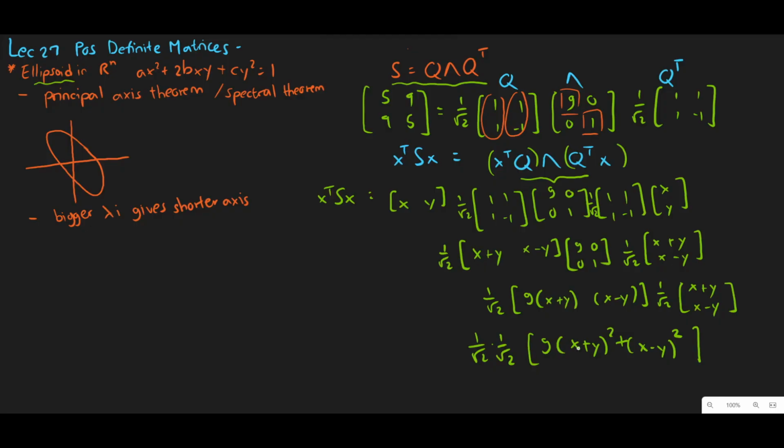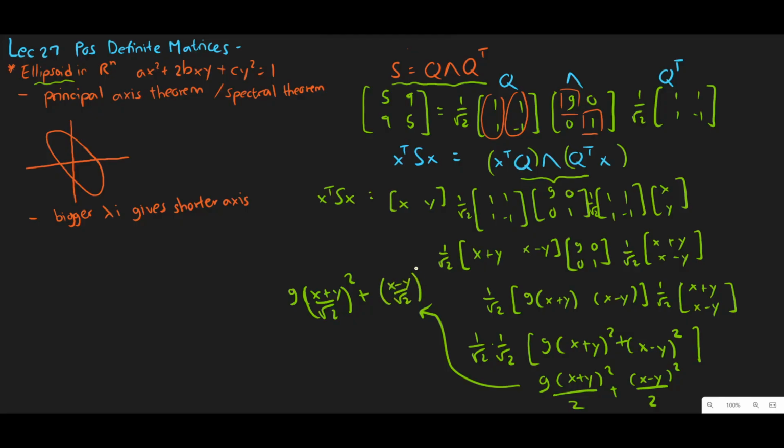And if we plug them in, we have 9 times x plus y squared over 2 plus x minus y squared over 2, or in the book it is written as 9 times (x plus y over root 2) squared plus (x minus y over root 2) squared.